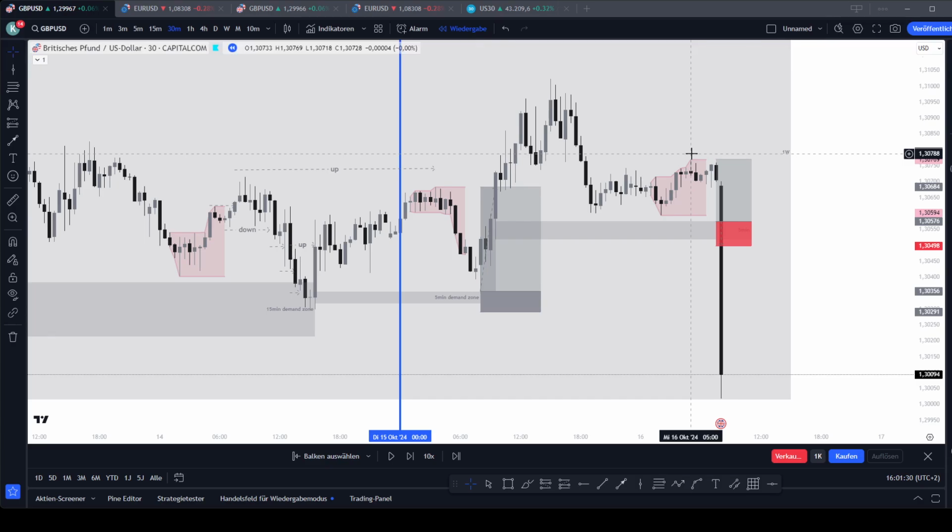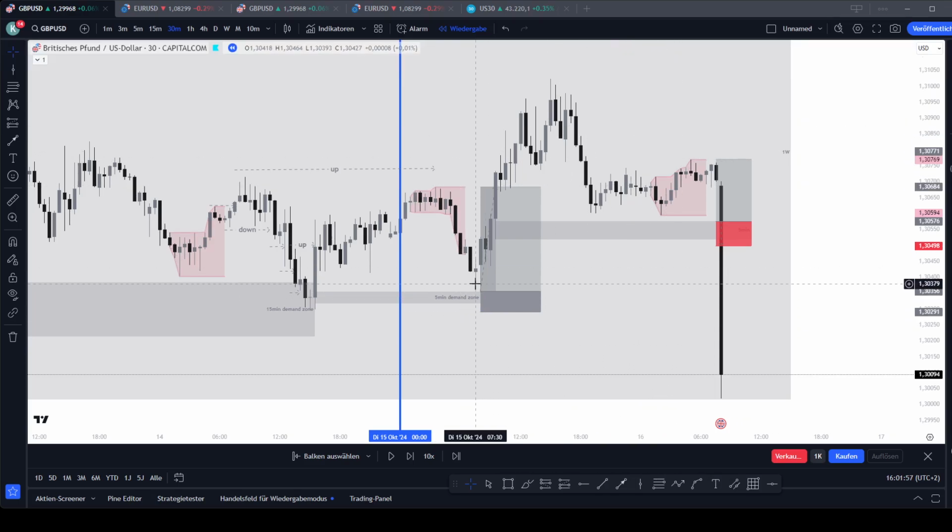The lowest level which price reached during the Asian session, we call Asian low liquidity. The highest point price went within the Asian session, we call Asian high liquidity, and it has been proven that Asian high and Asian low liquidity are always taken out.